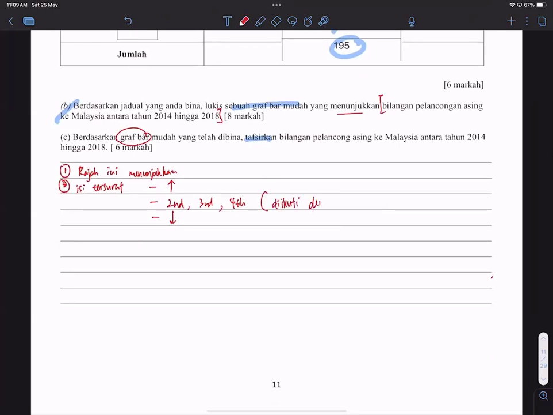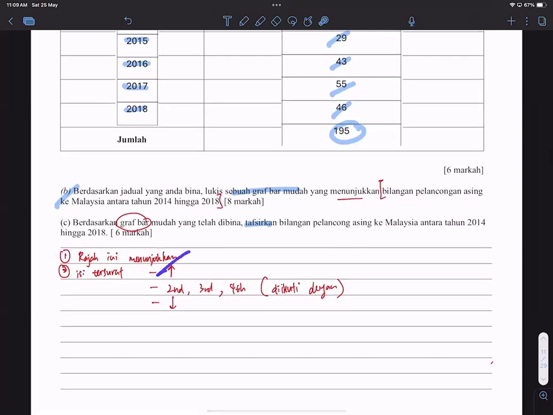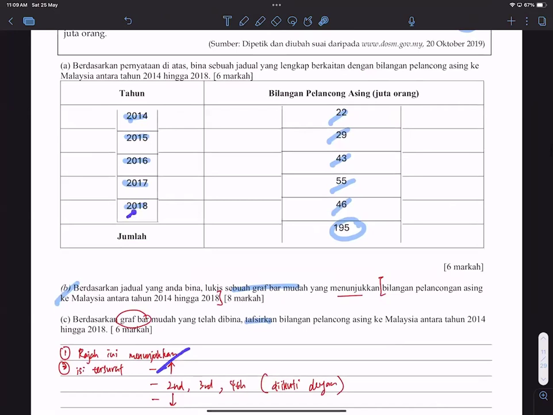Diikuti dengan. So after the highest, diikuti dengan tahun 2018, 2016 dan 2015 dengan jumlah bilangan pelancong asing 46 juta, 43 juta orang dan 29 juta orang masing-masing.